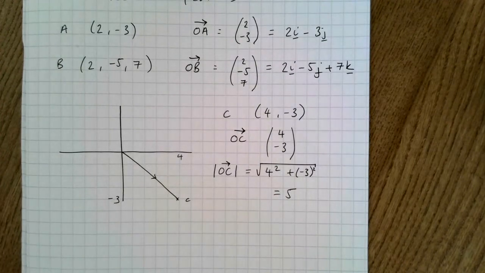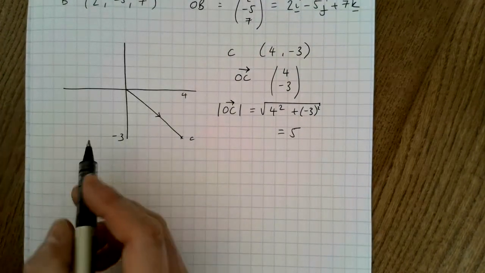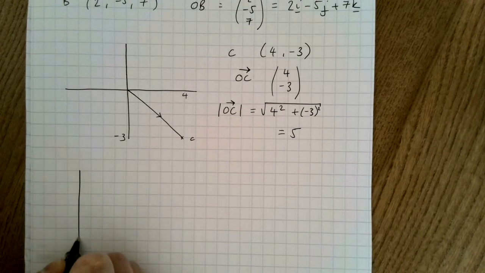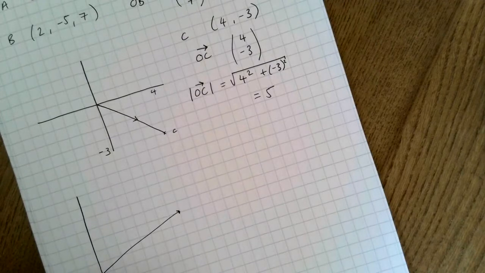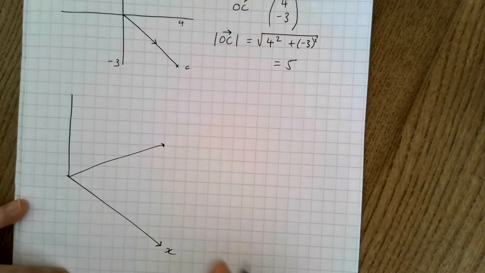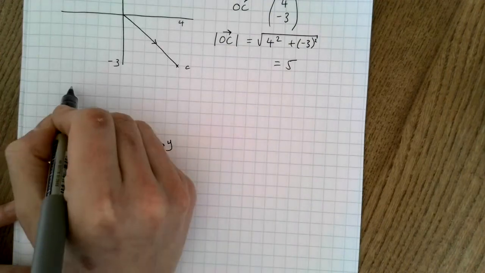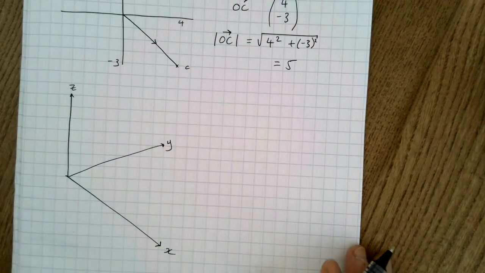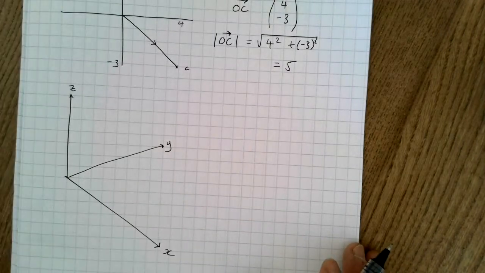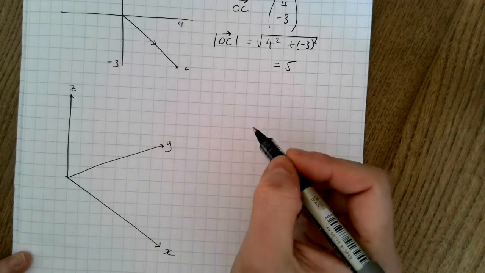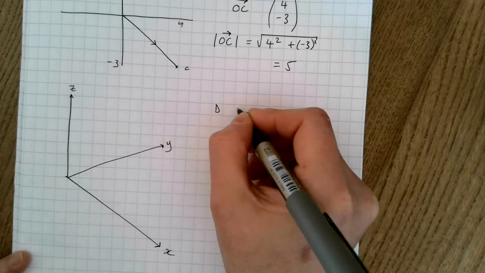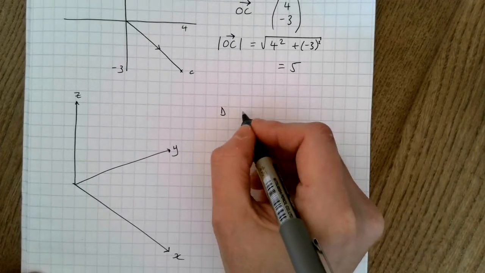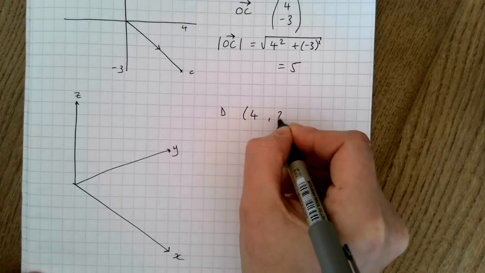If we were to extend that into 3 dimensions, you have to excuse my slightly rubbish drawing at this point. So there's my x-axis, my y-axis, and my z-axis this time. This time I'm going to have a coordinate D, and the coordinate D, let's say (4, 2, 3).